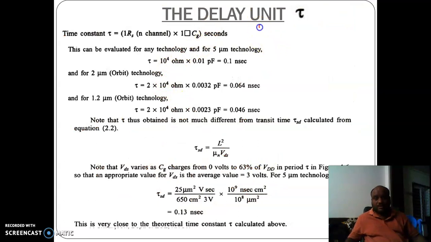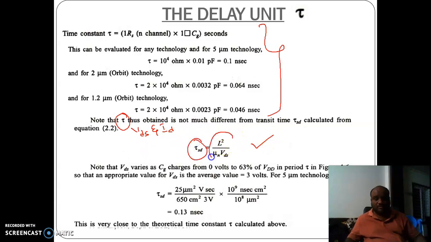Keeping these delay units for various technologies in consideration, in our earlier classes, while deriving the VDS versus current ID relation for a MOSFET, we started with the electron transit time tau SD, which is given by the expression L square by mu n into VDS. This is known to us.